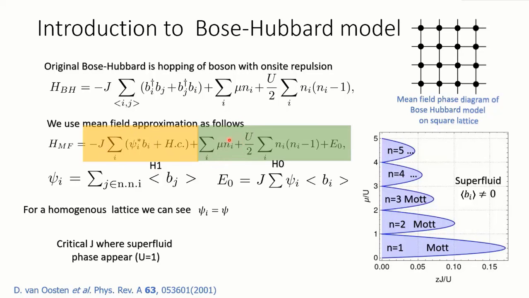It seems that even in mean field approximation, we can see the superfluid phase transition of this Hamiltonian. So what we can do is treat the first term in a mean field manner and translate this Hamiltonian to a local Hamiltonian.